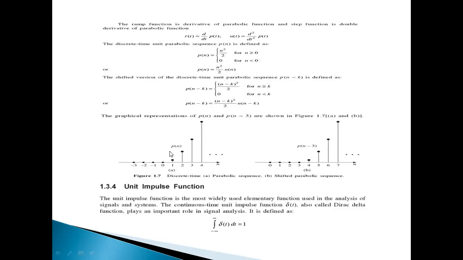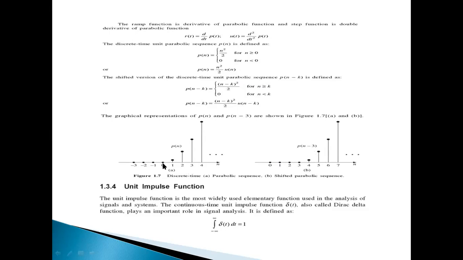Showing the graphical representation, it is not linear, it slowly increases like a curve, parabolic. And p of n minus 3: n minus 3 means totally shifted by 3 samples.